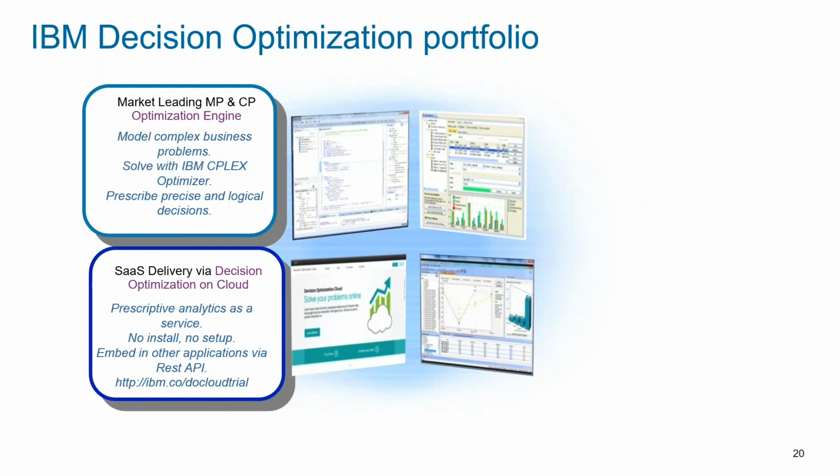We also provide this in the cloud and as a service. So we have both the on-premise and in the cloud tools, and we have modeling tools that you can model and start building your applications.